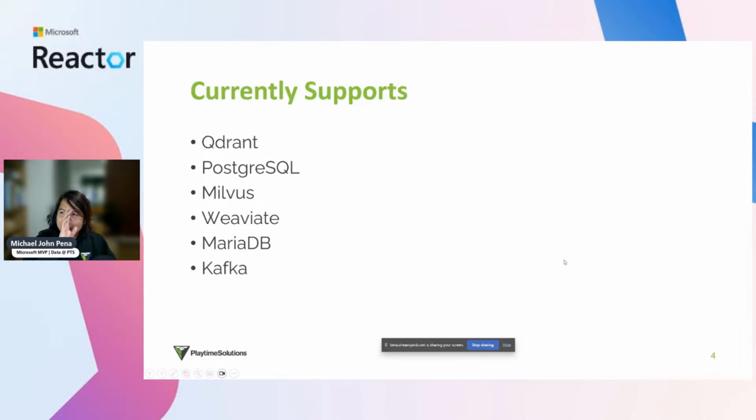So as of now, it currently supports different data stores, and I purposely placed Qdrant, Postgres, Milvus, and Weaviate as the first four because they're kind of vector-ish, vector databases. And if you remember in the previous session, we talked about Postgres, where you can have the pgvector extension to have the vector capabilities.